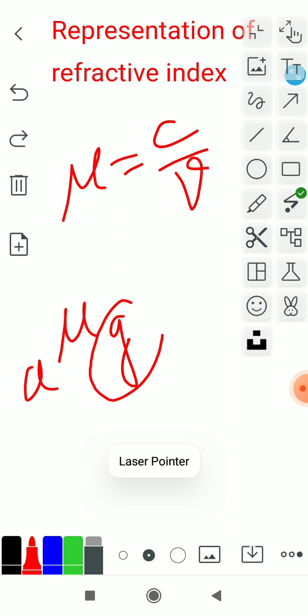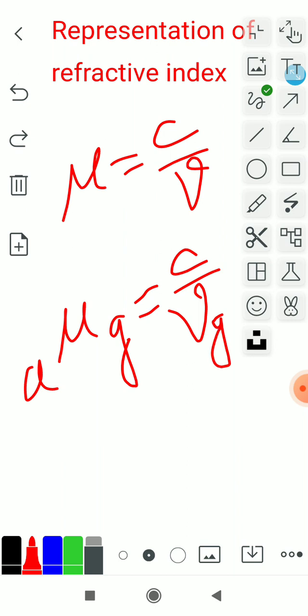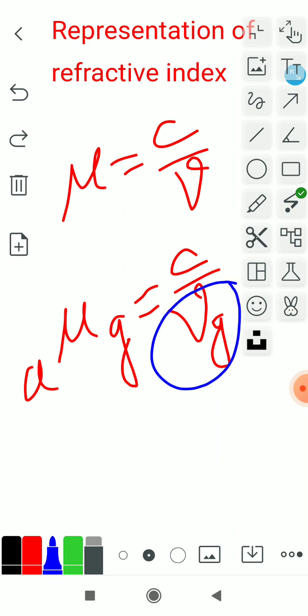The refractive index of glass, meaning refraction is happening at glass, with respect to air. So we can write c by vg, that is, the speed of light in air divided by the speed of light in glass.